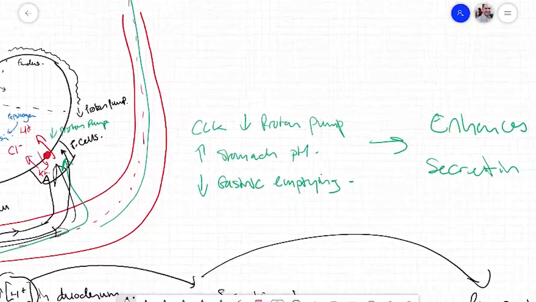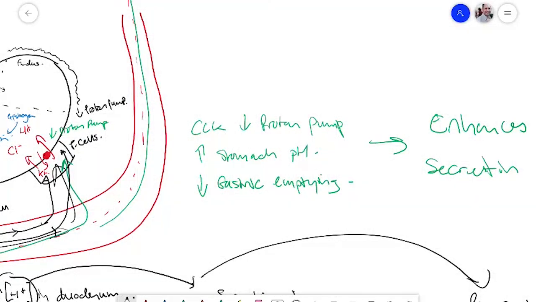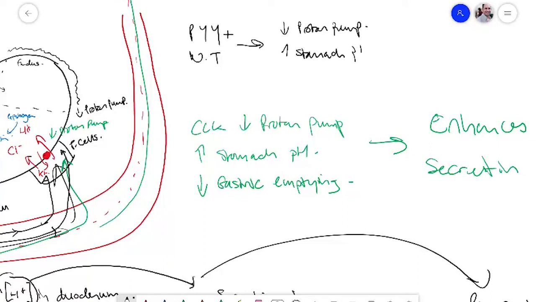Okay, so let's add them to our list. So we've got peptide YY and neurotensin, and what they do is they decrease the proton pump, which increases stomach pH, decreases gastric emptying.